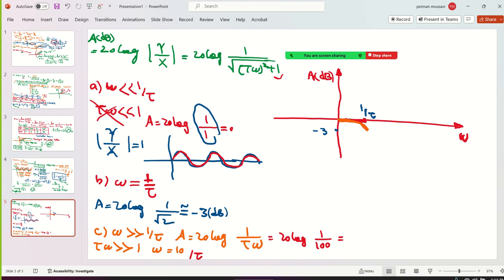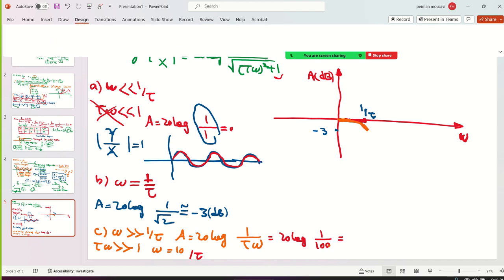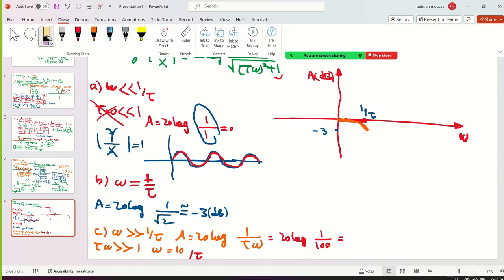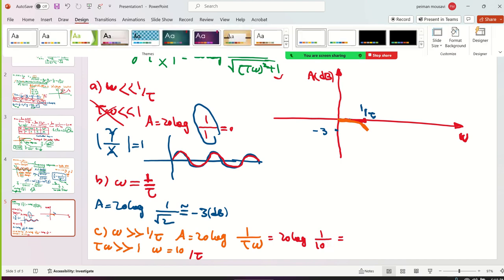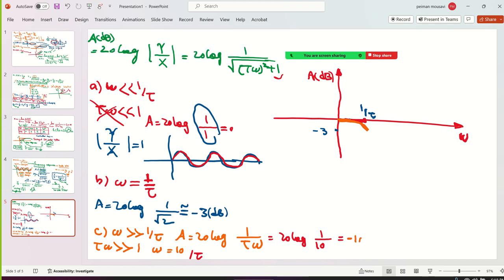So here it is going to be minus 10, a straight line.